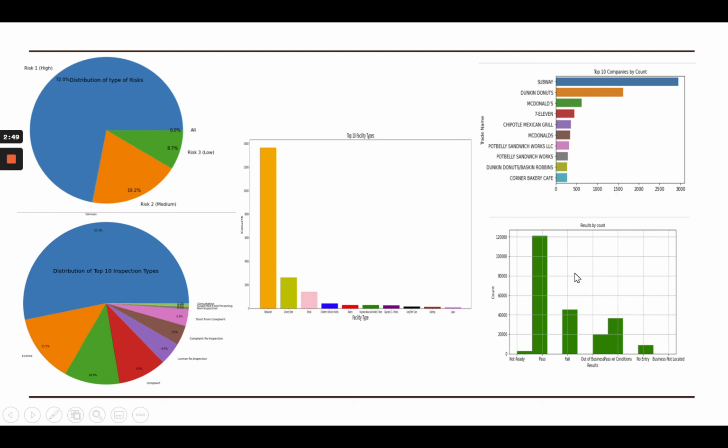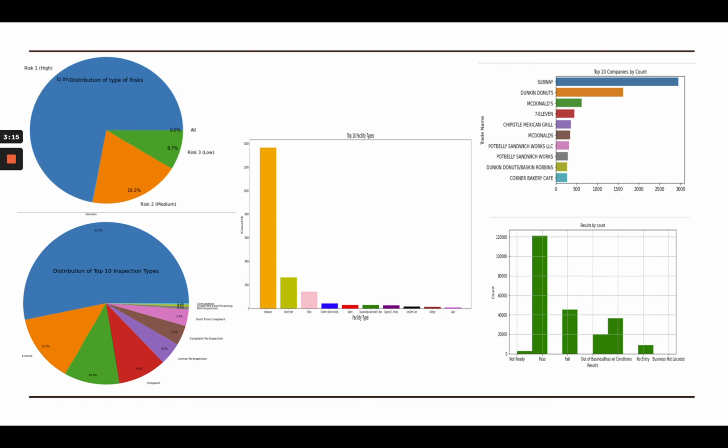Coming to the results, which is the major column in this, the target column, comparing with the count of it, we got that a large amount is pass, few are fail, and some are pass with conditions, and there are some other values which are minorities.